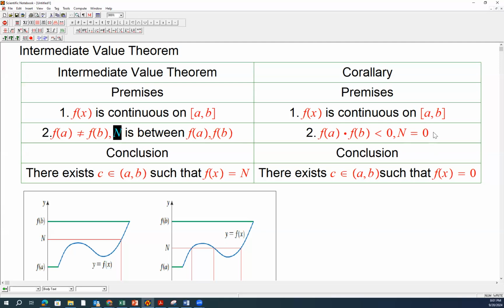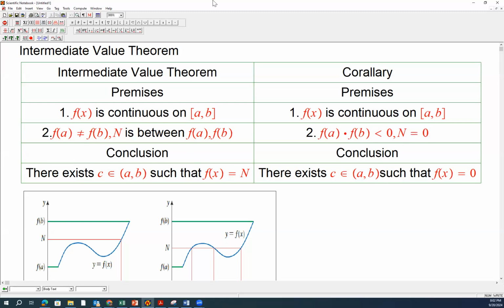In the case of the corollary, you demonstrate that f of a and f of b are opposite in sign, and n is in between a positive number and a negative number. So it doesn't matter which one you quote, but you must make it clear that you have verified the conditions before you apply the conclusion.